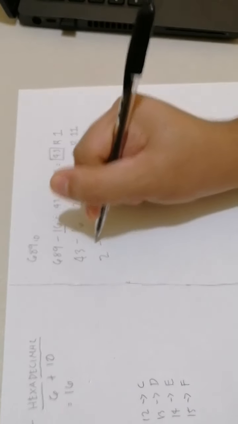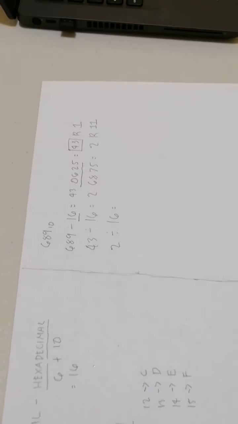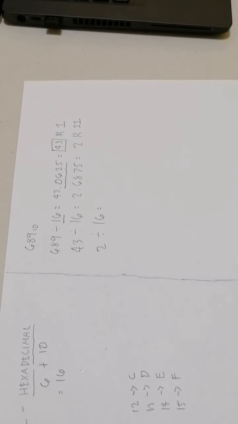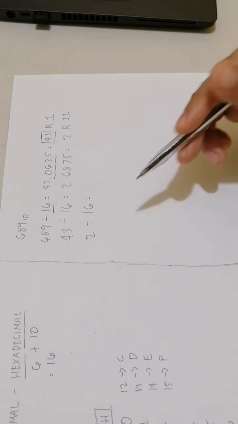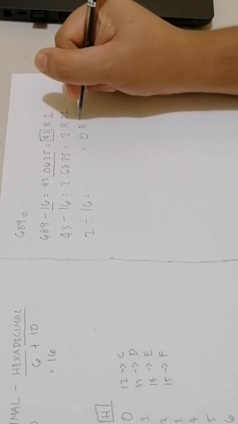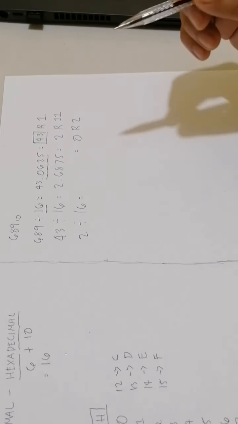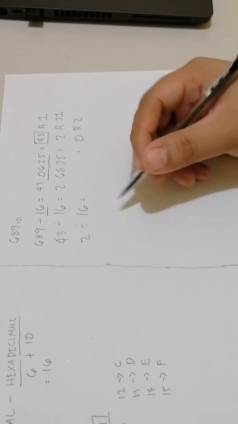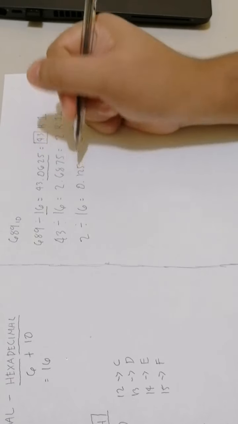And 2 divided by 16. Now, we really don't need to do the division here because 16 doesn't go into 2. So we could say it's 0 remainder 2. But if you did it, let's say if you take 2 and divide it by 16, it is equal to 0.125.